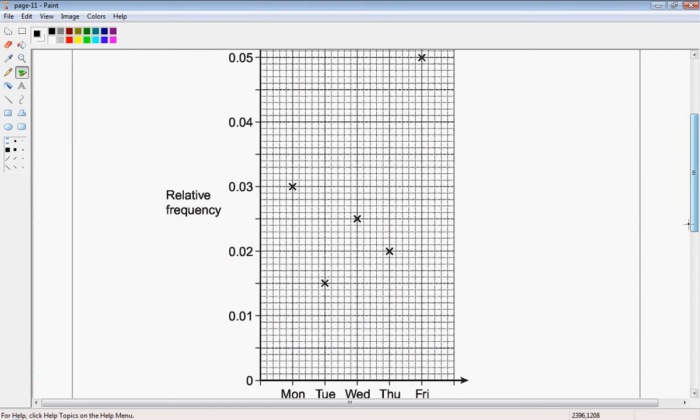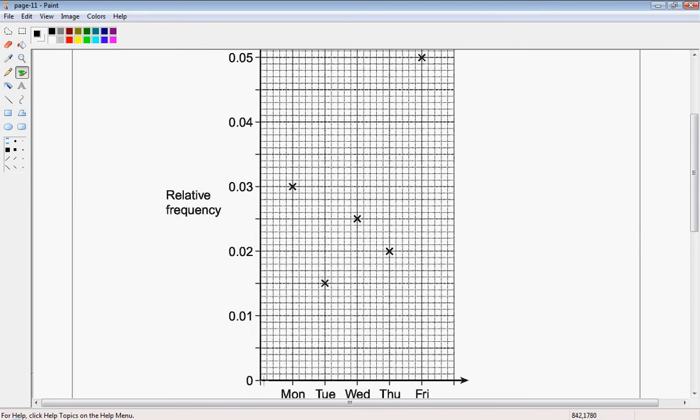Okay, so the relative frequency is to do with probability. So on Monday we have a relative frequency of 0.03, on Tuesday a relative frequency of 0.15, and so on.